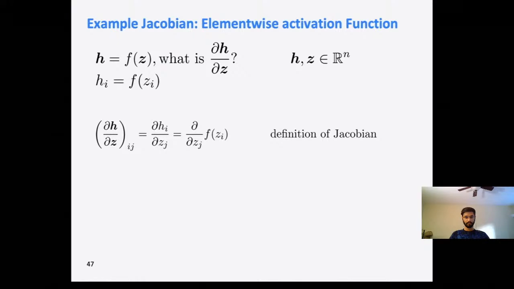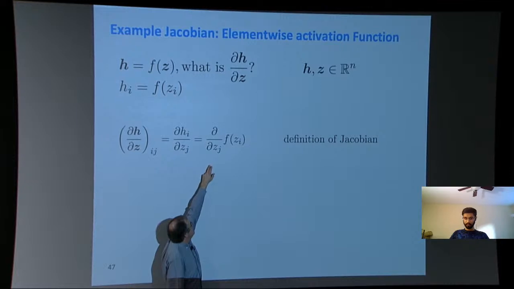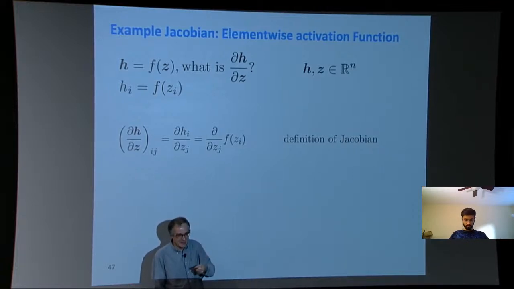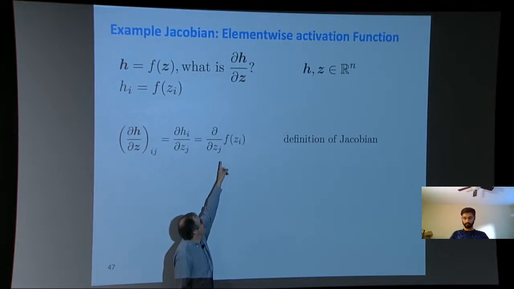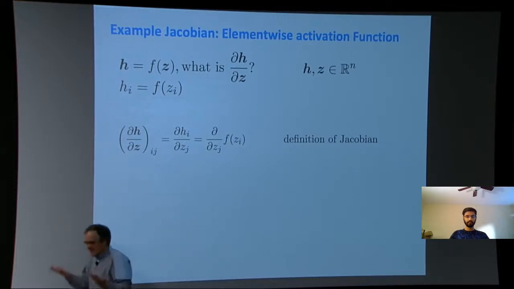But if we think about what's happening, when we work out how f of z_i changes as you change z_j, if j is not equal to i, it makes no difference at all. Whether my f function is the logistic function or taking the absolute value of a number, it makes no difference to the calculation of f of z_i if I change z_j, because it's just not in the equation.